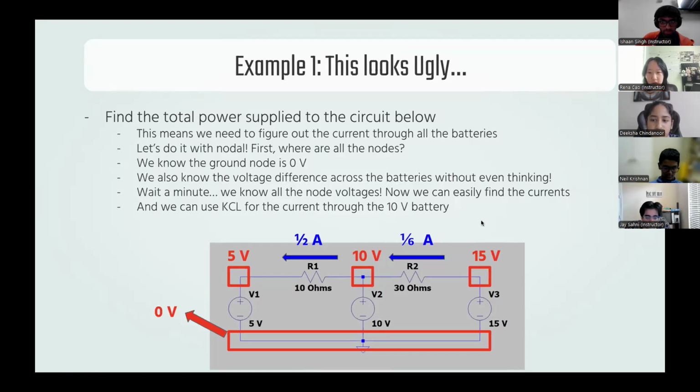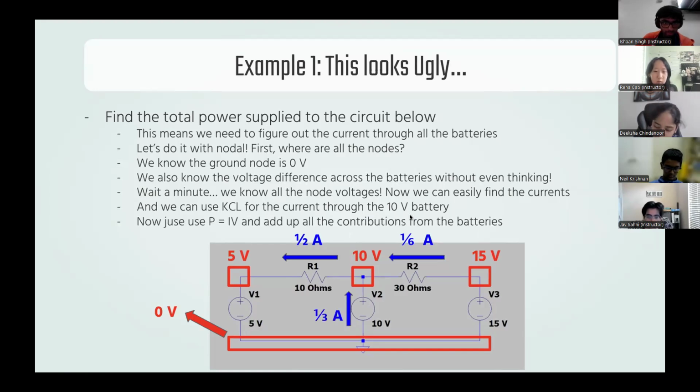Yeah, Evan, 1/2 minus 1/6, so 1/3. Does everyone understand that? Because we have 1/6 going in and 1/2 going out. No questions?